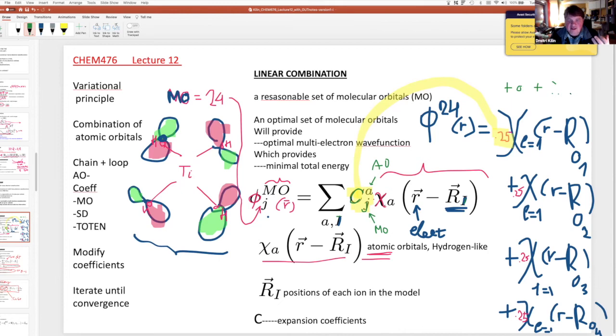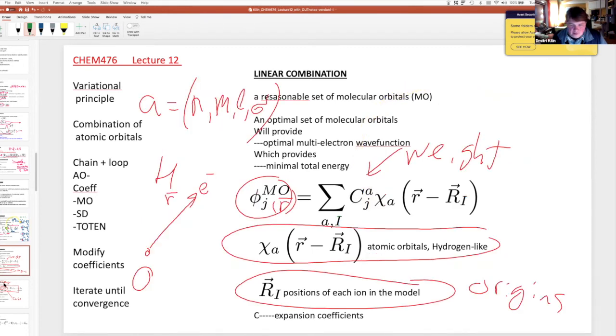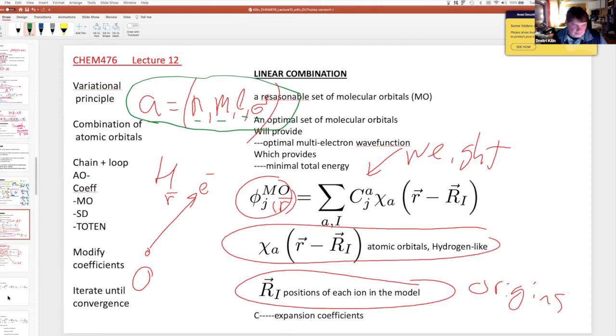It can be expressed as some linear combination of atomic orbitals. And under the letter A, I summarize all 4 quantum numbers of one atomic orbital: principal, orbital, magnetic, and spin. Because otherwise I will be tired to put all these indices here. Okay.